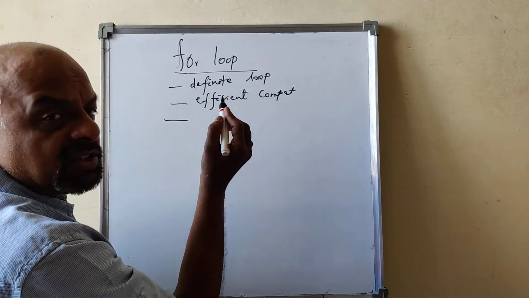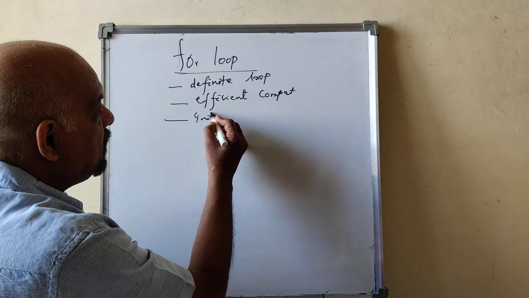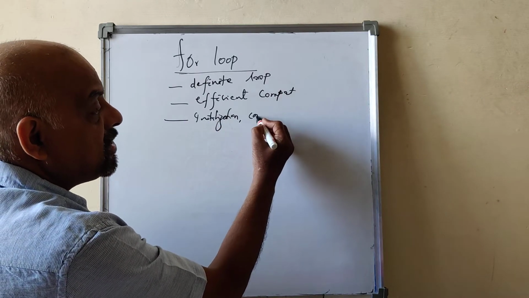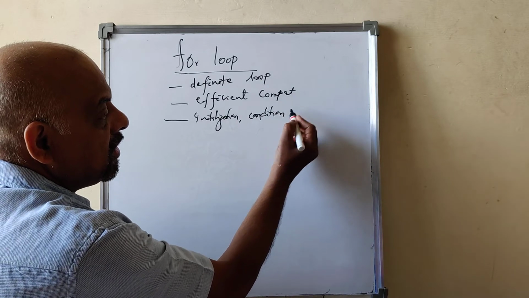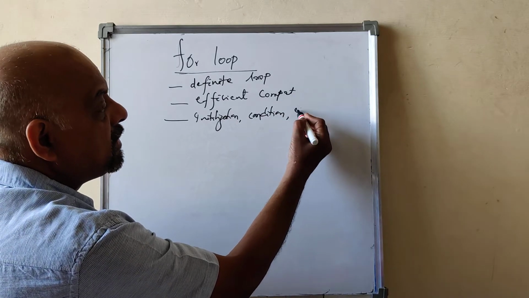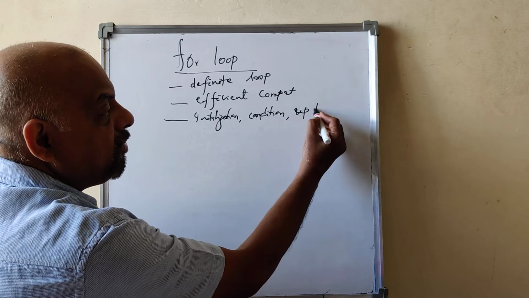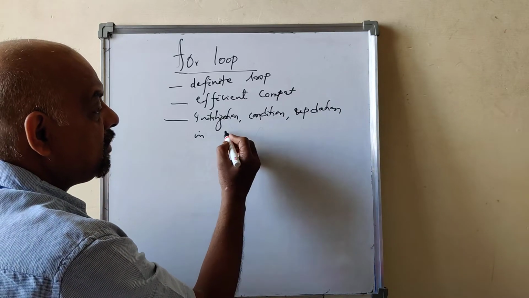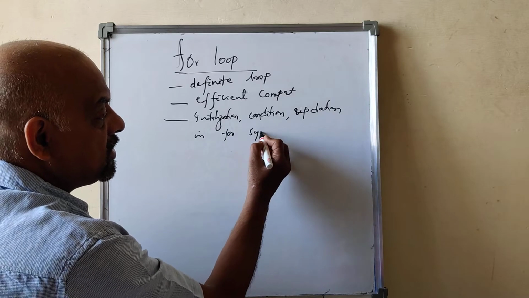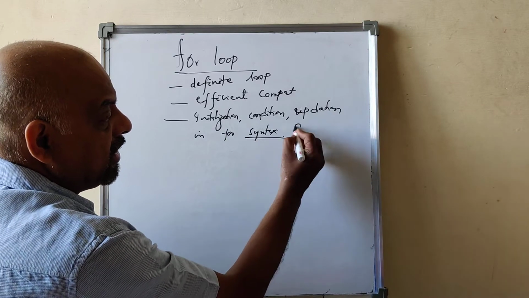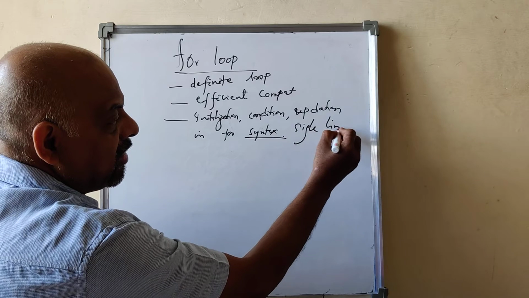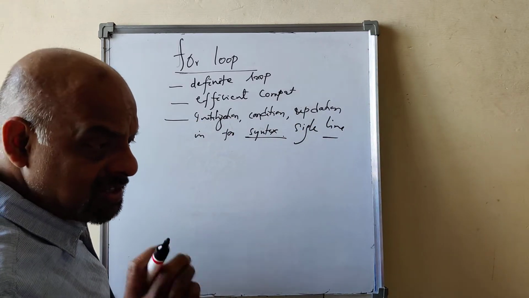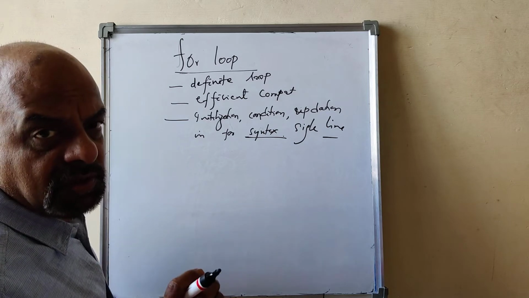So the initialization, condition, and updation or modification, you will observe in the for syntax in a single line. Let us discuss the syntax, example, and working flowchart, how it works.